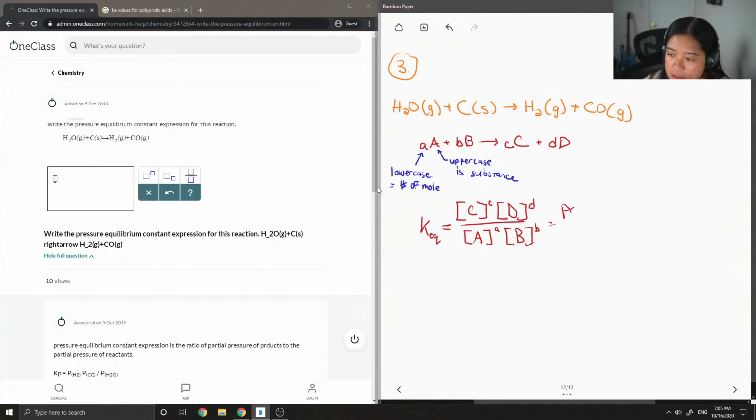Okay, so pretty much it's going to be your products over your reactants.